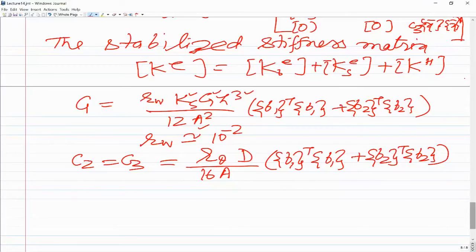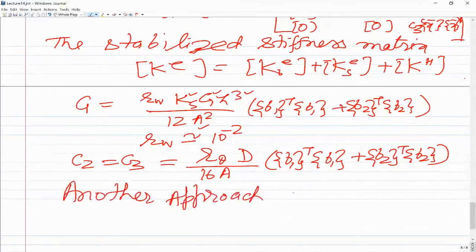In another paper by Belytschko, they have proposed another approach. This is a more rigorous derivation for the KH. Here, what is R theta? R theta is another constant. R theta would approximately be taken as 10 to power minus 2.